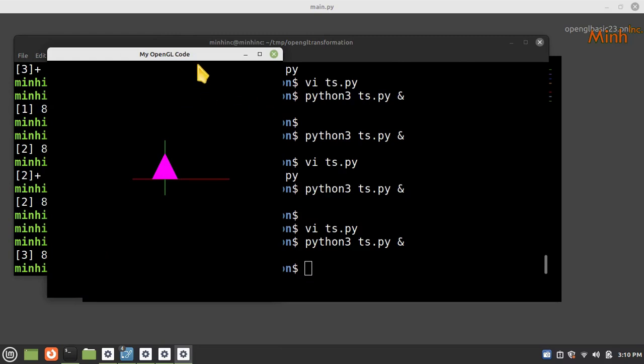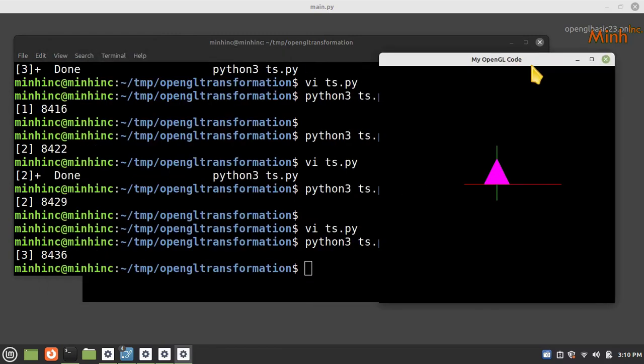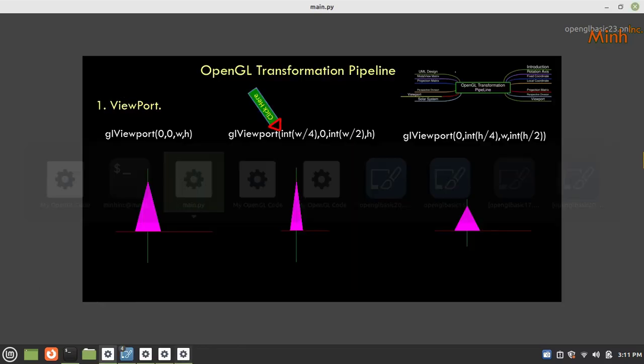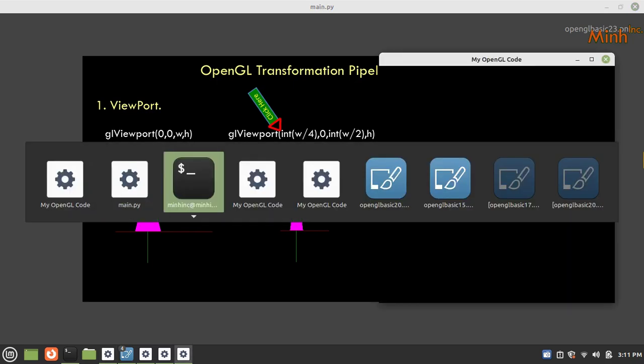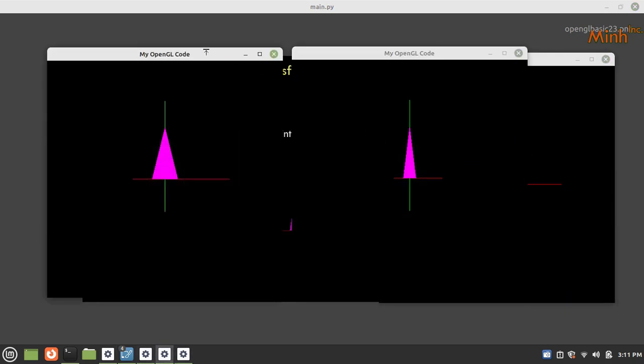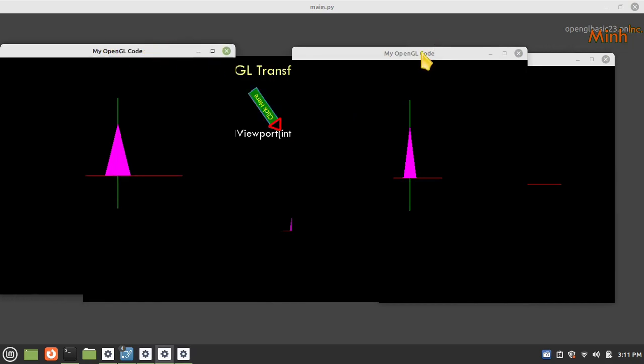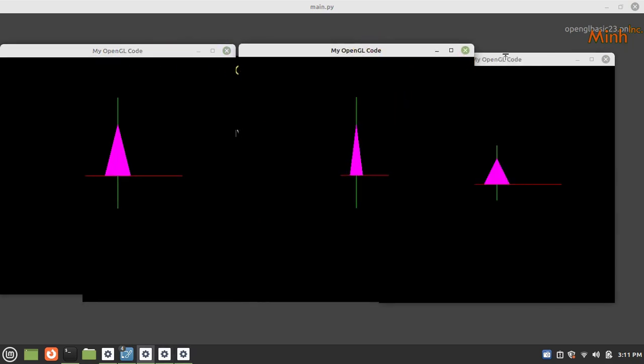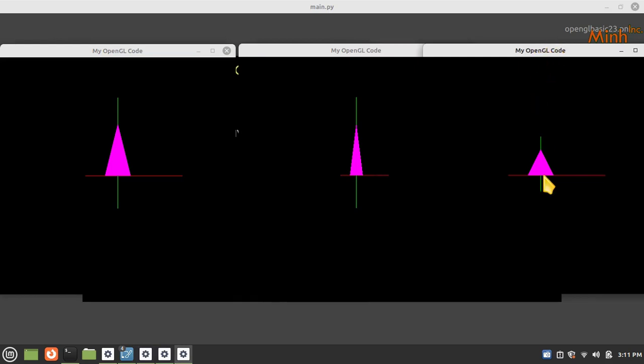It is different. So this is the lab session. If we change glViewport, then it is changing. So this is all about transformation stages.